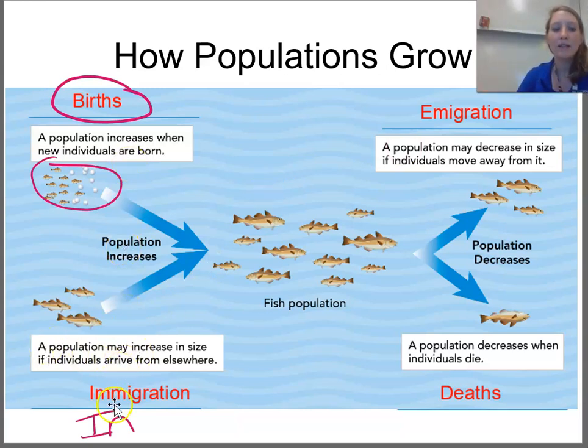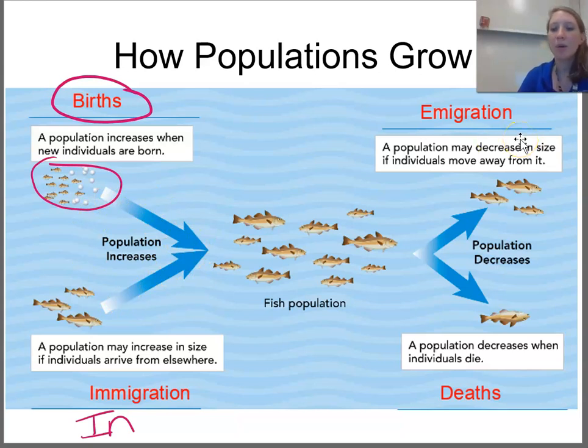These are two ways that a population can grow or get bigger. You have new ones being born or new ones just coming in from somewhere else. And these are the two things that cause population to increase.